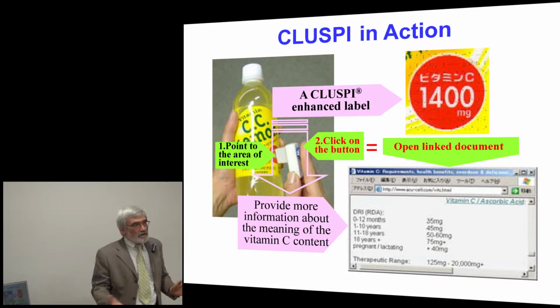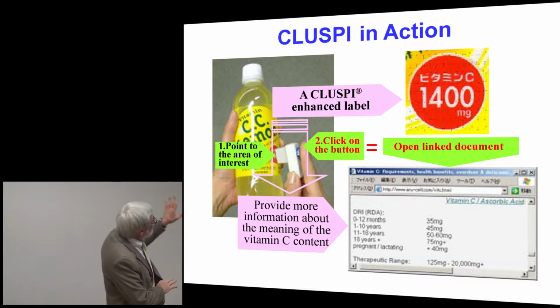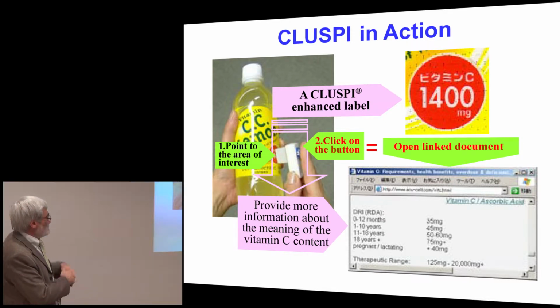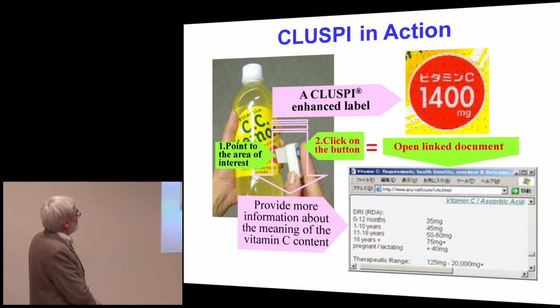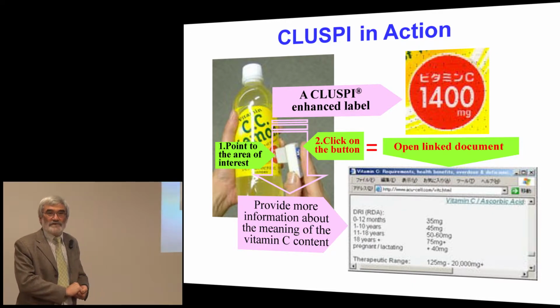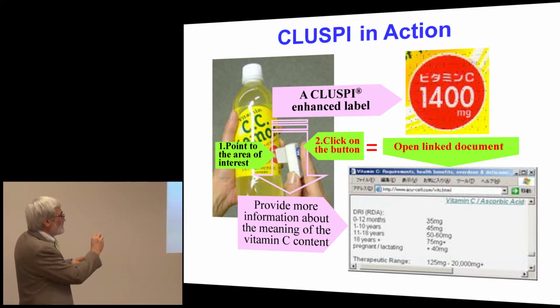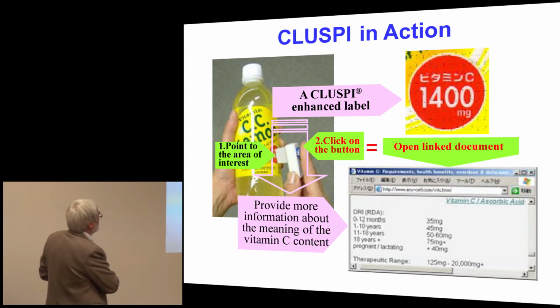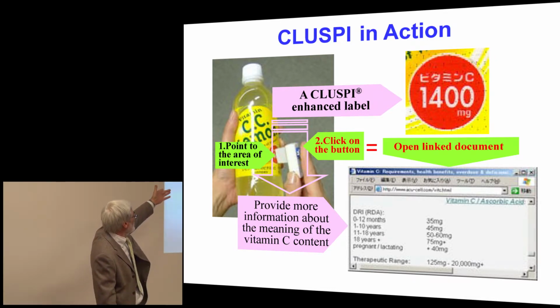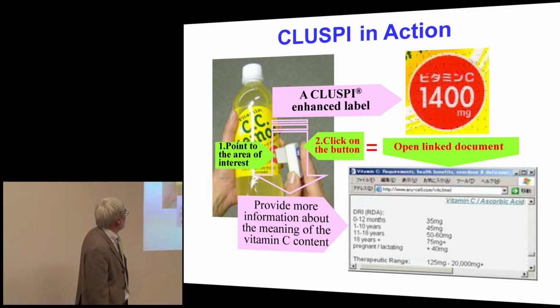And once you have the entire surface of the label digitally enhanced with this code embedded, you can get access to different information depending on how you position and orient the camera. So you can have many different links associated with different areas on the label.